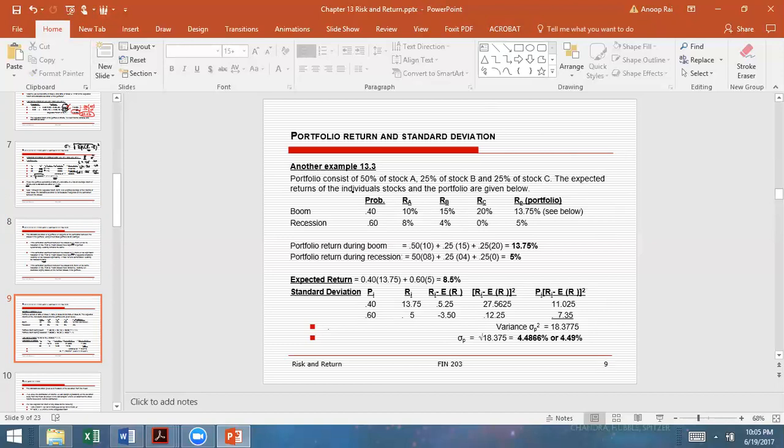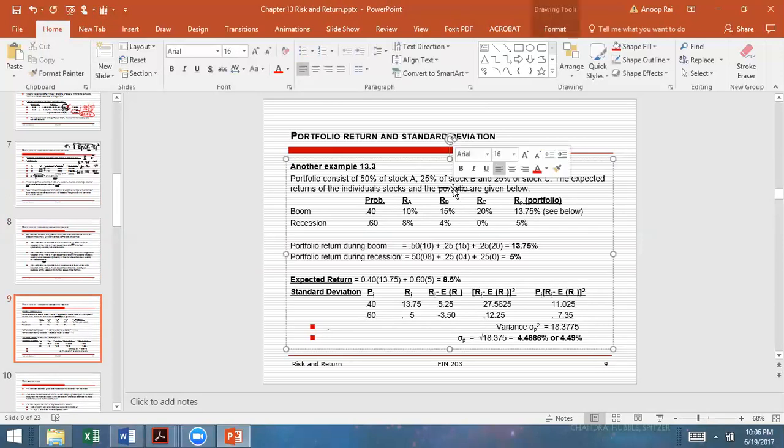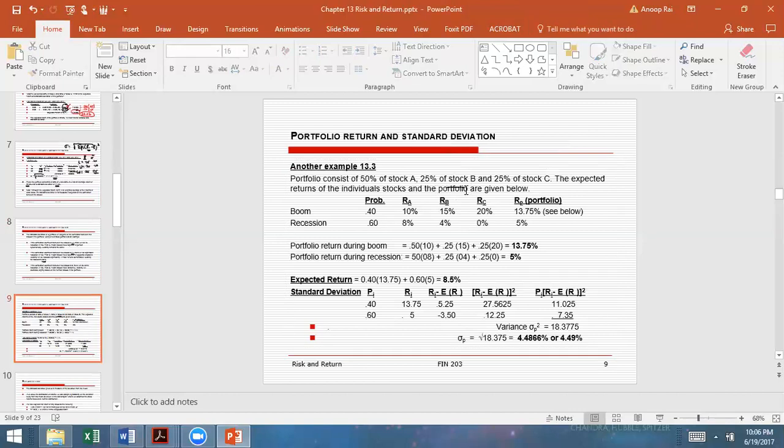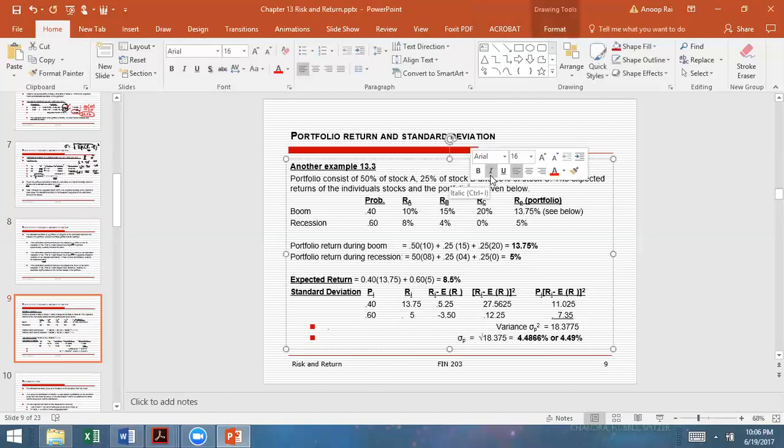The expected returns of the individual stocks and the portfolio, and the probabilities, are given below.